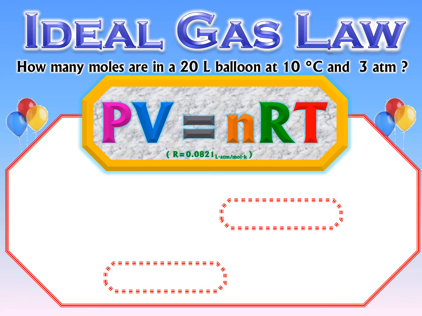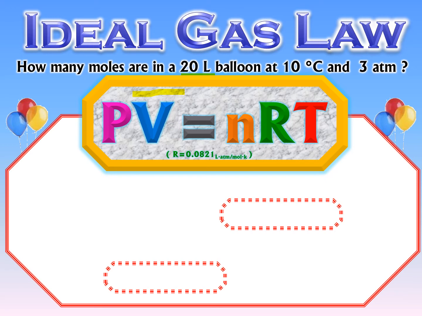One of the letters is a constant, R is a constant, and the value of R is listed right there at the bottom. It's kind of small there. All right, so PV equals nRT, and we've got 20 liters. Well, which of my variables is 20 liters? Oh yeah, that is my volume. So 20 liters goes right there.